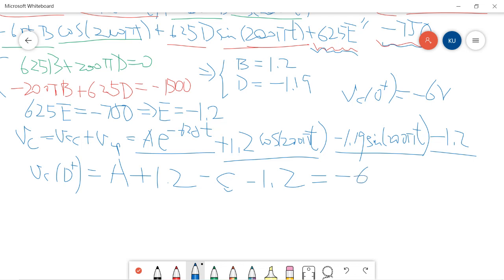So in this case, this one and this one cancel. So A is minus 6.